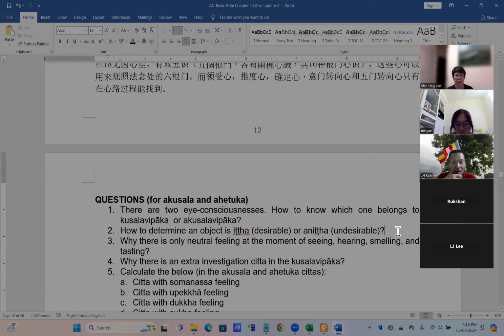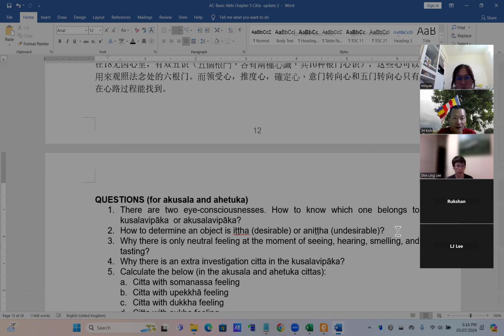I think one easy way is to see the subsequent feeling. For example, if the subsequent feeling is like or dislike, because we are not able to catch it at that point of time, it's the subsequent feeling that will give us the symptoms or the sign.